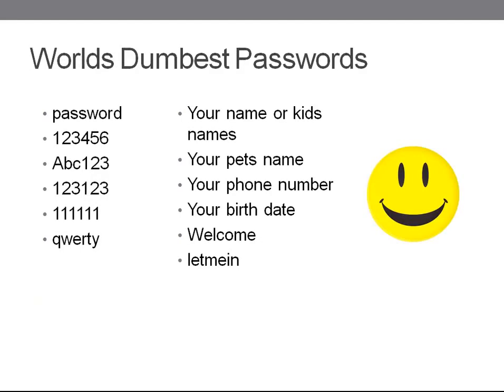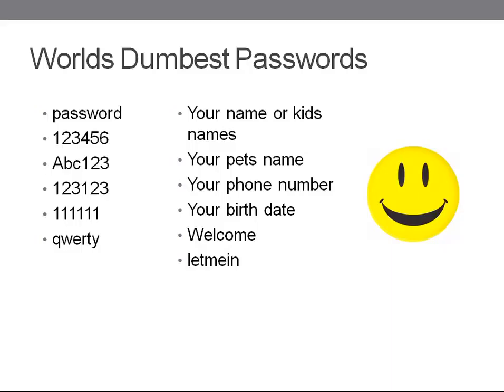And then to wrap this up, I just want to take a look at some of the world's dumbest passwords that people still use to this day. The dumbest being password, 123456, ABC123, a string of ones, QWERTY, using your name or your kids' names or your pet name or your phone number, birth date, any kind of public information.